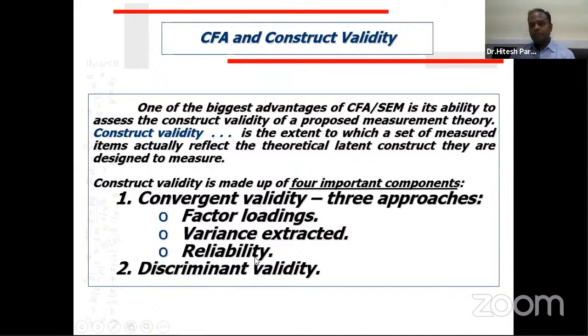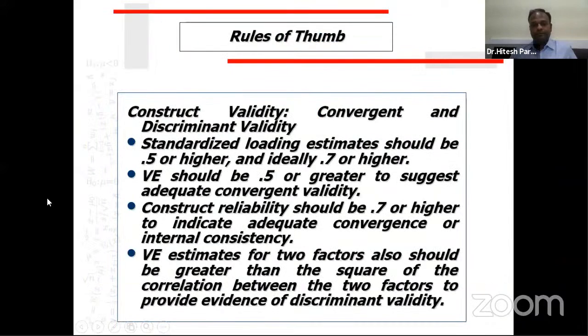And reliability should be greater than 0.7. If these 3 things are okay, we can say that convergent validity is okay. And there is also discriminant validity that we will discuss. So construct validity is nothing but convergent and discriminant validity.